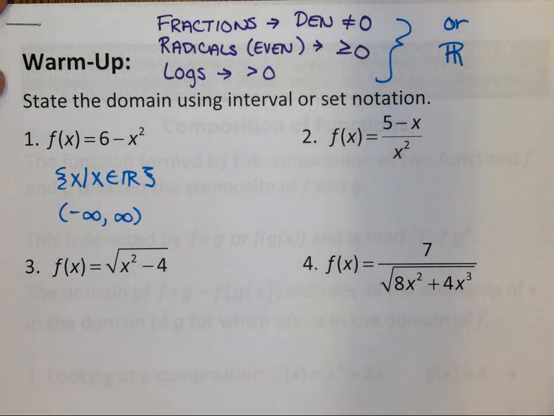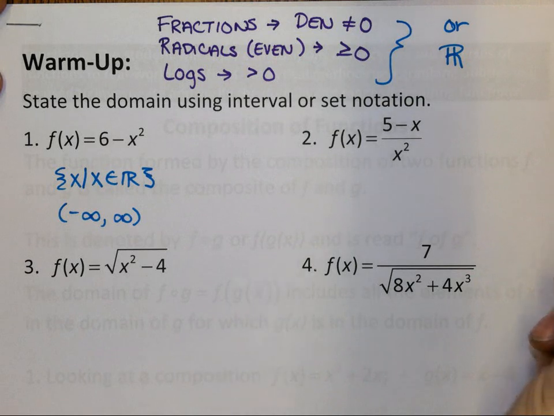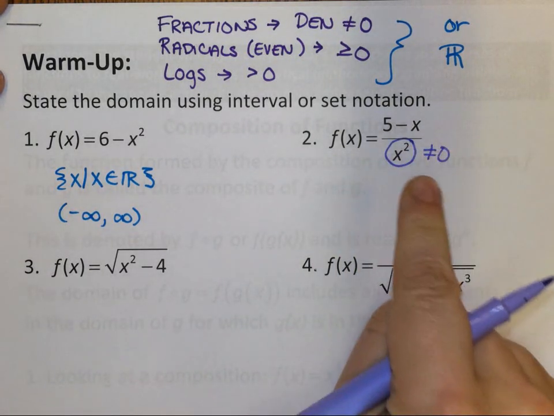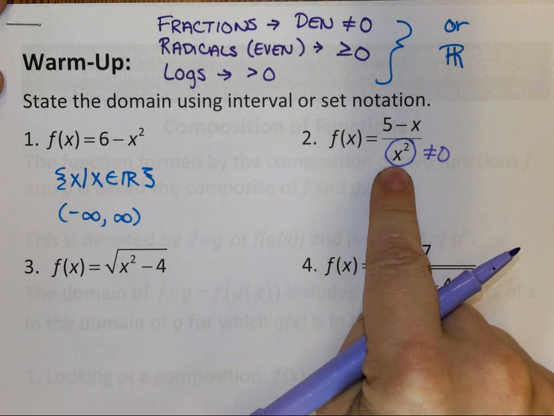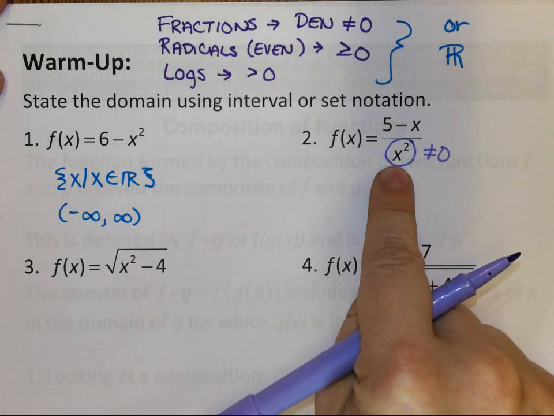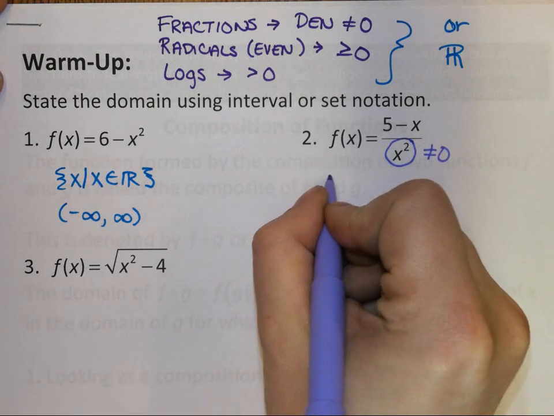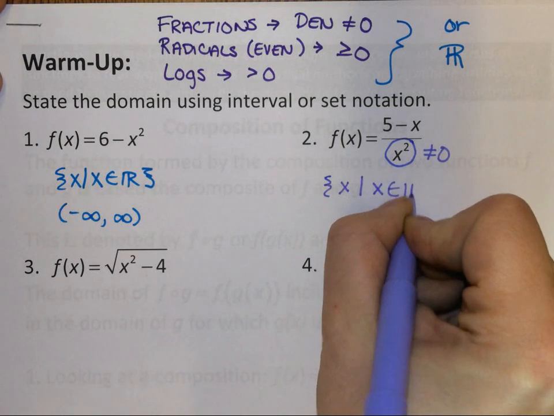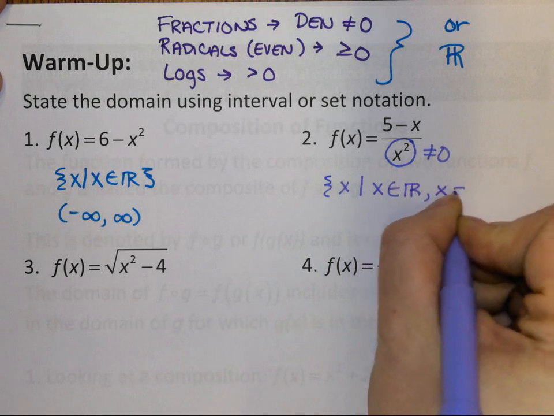Now, what do you have on number 2? It's a fraction. And for fractions, what has to be true? The denominator cannot equal 0. What makes that 0? 0. I know, trick question. 0 makes that 0. So, in set notation, we always have to say what x can be before we state what it can't be.